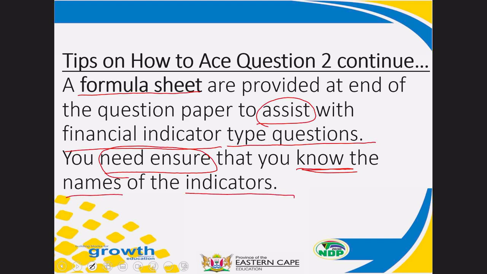If the question is asking you to calculate the net asset value per share, you cannot use the return on average shareholders equity formula, because what will happen? You will get 0 marks for the entire question, even if you calculated the return on average shareholders equity correctly, but that was not what you were asked to calculate. Okay?